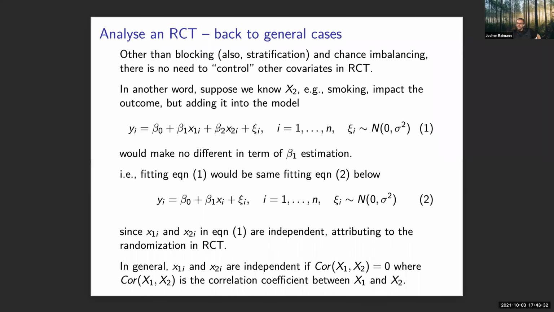So in principle, x1i and x2i are independent if the correlation between x1 and x2 equals 0, where COR is basically the correlation coefficient. So if there's no correlation and the correlation coefficient is 0, which by its own right is not often found, then there is really no need to adjust for this.